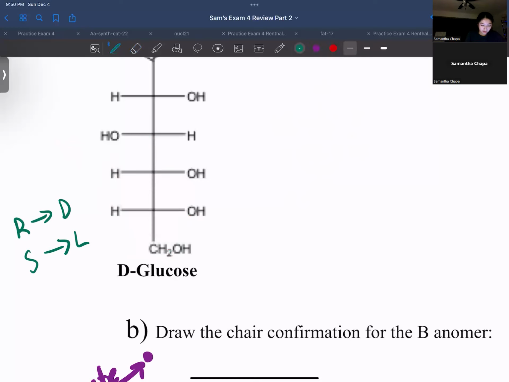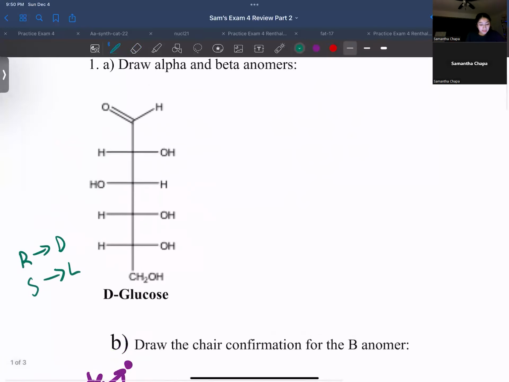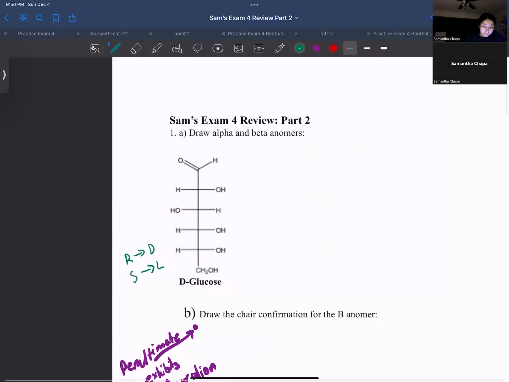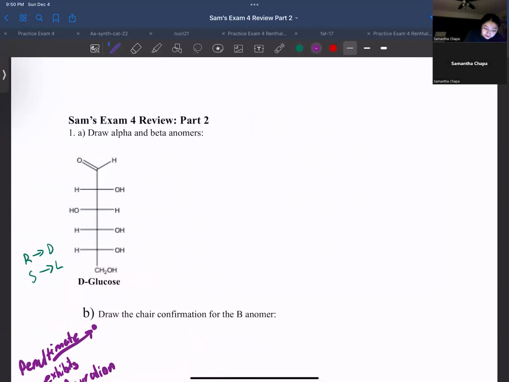Okay, cool. The next thing to do the anomers, I need to draw my Haworth projections. These are kind of easy to draw. I'm just going to do two basic baseline ones. Okay, cool.